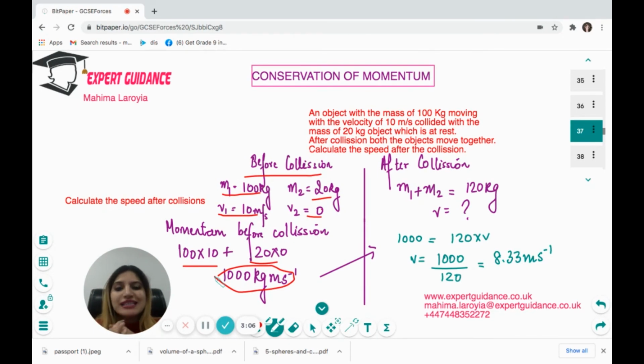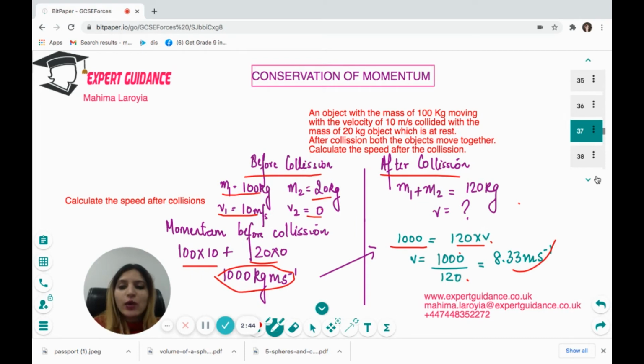So the total mass now would be 120 kg, 100 plus 20, but we don't know the new velocity. So let us take that as V. So the momentum after the collision would be 120 times V, which should be equal to the momentum before collision, which is 1000. So V would be 1000 over 120, which is 8.33 meters per second.